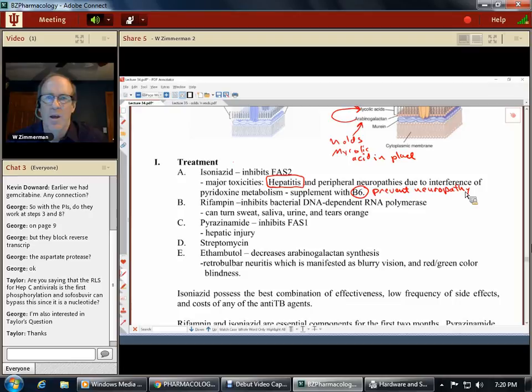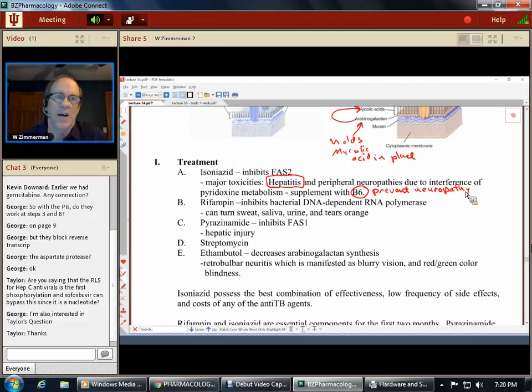But the big problem is hepatitis. So that's the major drawback with it. I'm 60 years old. If I converted to a positive TB, I didn't have the disease, but I had a positive conversion, they'd say, sorry, Dr. Z, you're not getting our isoniazid, because they're too concerned about the hepatitis.